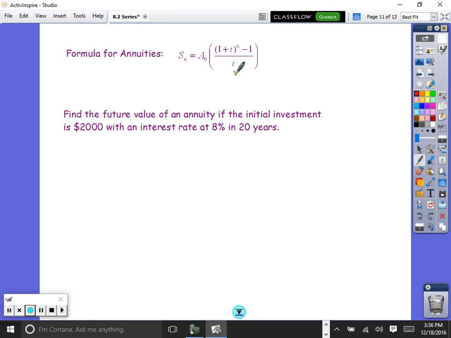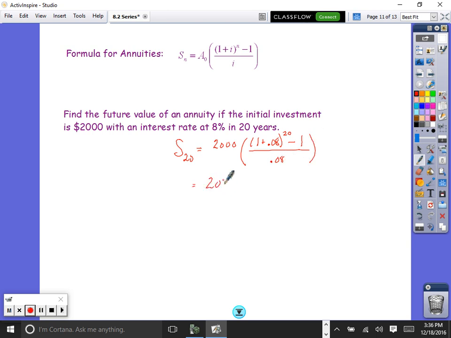So let's check out the value of our annuity should we invest $2,000 over 20 years at an interest rate of 8%. So my sum after 20 years of my annuity will be, my initial investment was $2,000 times 1 plus my interest rate, 0.08, raised to the n, which is 20, minus 1 divided by my interest rate of 0.08.